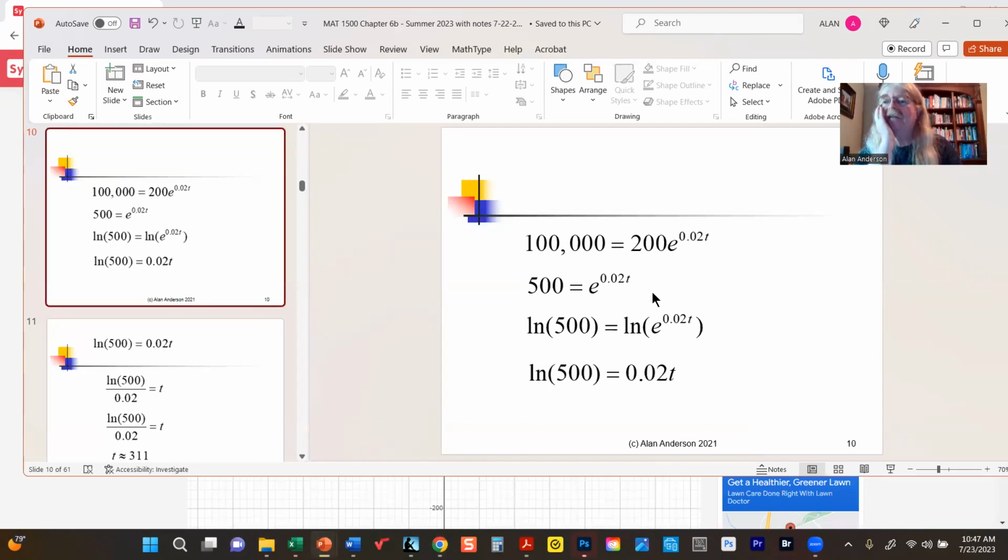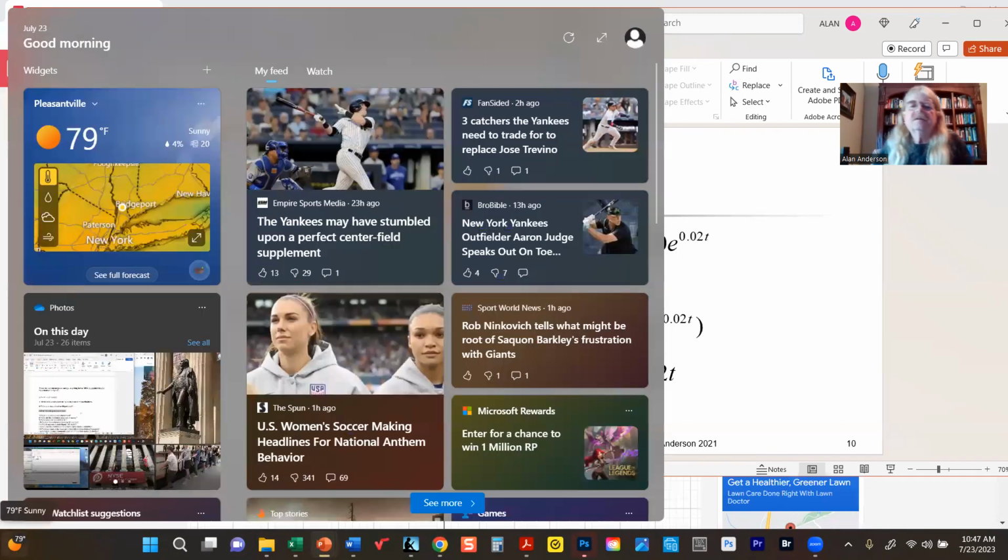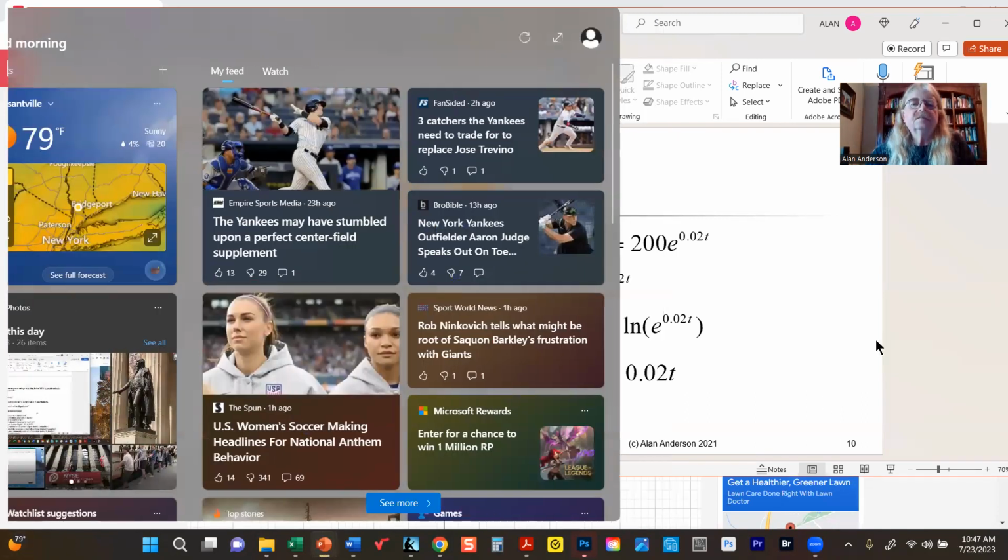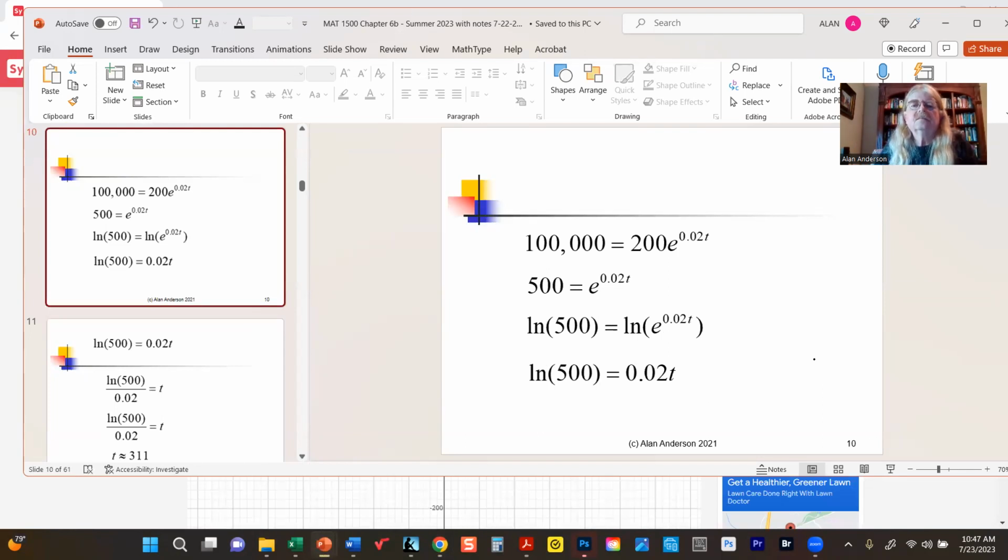Now, how do you solve for that? You take the natural log of both sides, because of course, as you know, the natural log of e to the x is just x. And that would be true for any base.